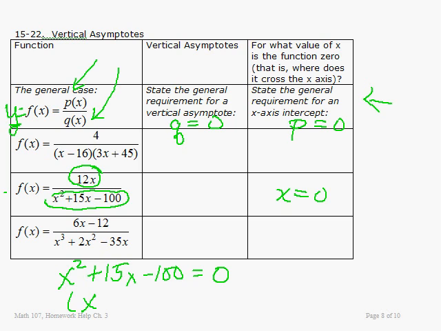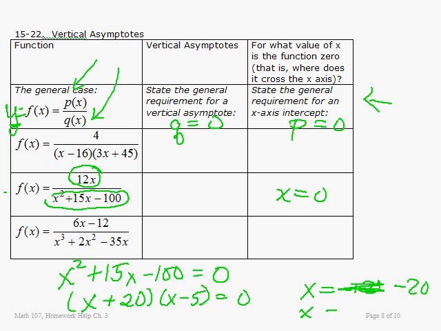Alright, we'll say x plus 20 and x minus 5. So I just factored that equation. So what values of x make this 0? Well, x of minus 20, and x of 5. So those are the 2 vertical asymptotes. x equals minus 20, x equals 5.